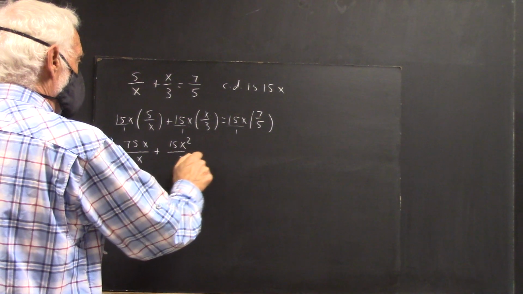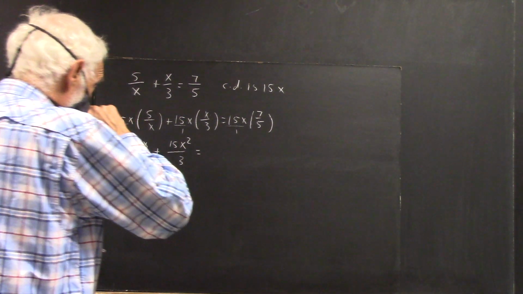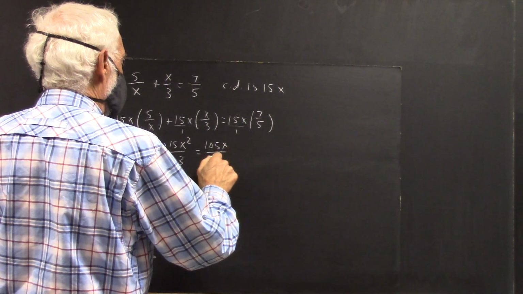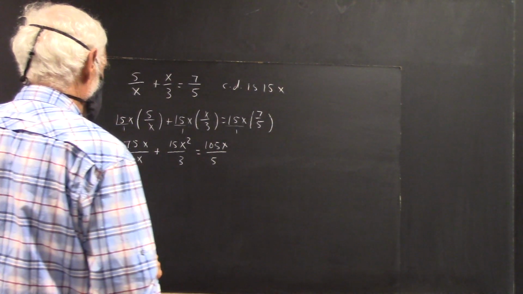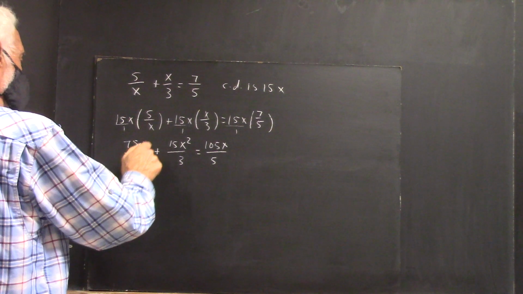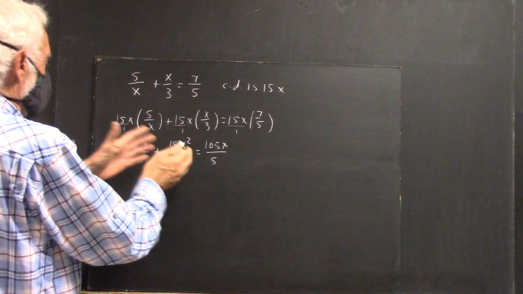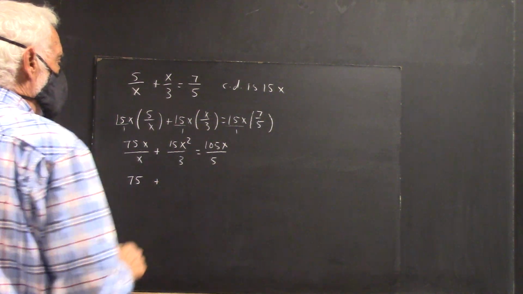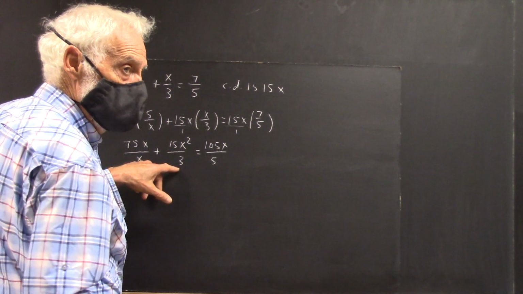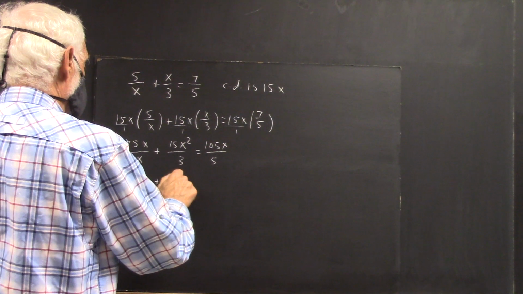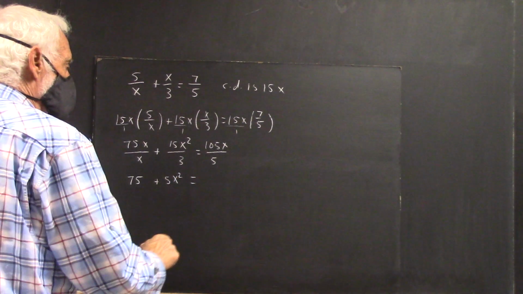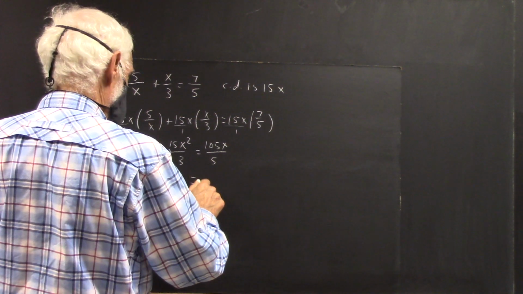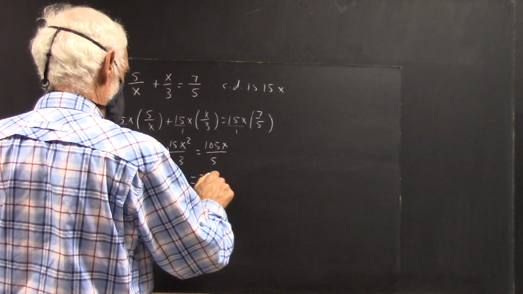And you divide by 3. And then 15 times 7 is 105x over 5. Well, x, you can factor out an x divided by x, so that just gives you 1, so that's 75. 15 divided by 3 is 5, so you have 5x squared. And 105 divided by 5 is 21.